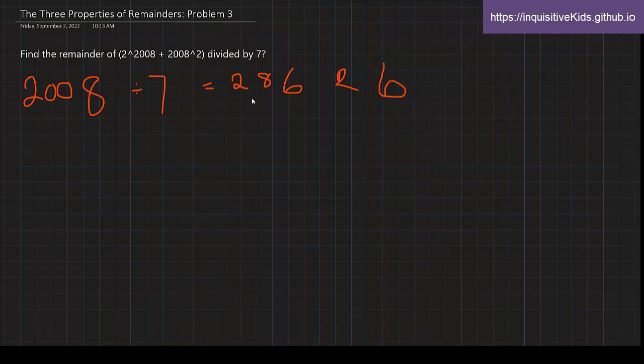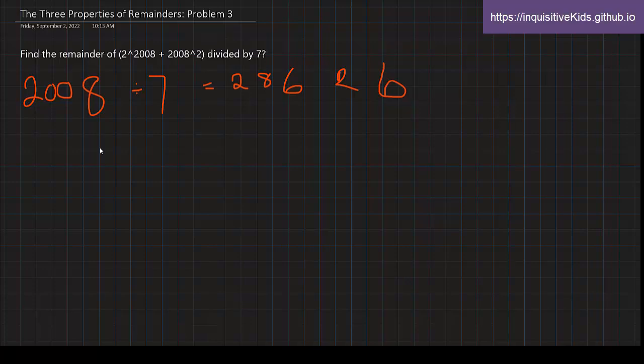The product remainder is the remainder of the product. So 2008 raised to the second power divided by 7 will have a remainder of 6 times 6, which is 36. And we keep subtracting 7s away until we have a number that is less than 7.